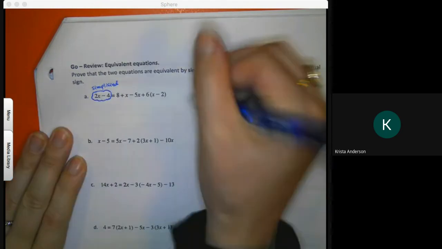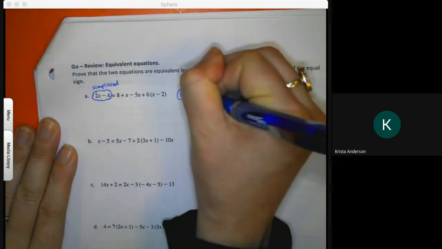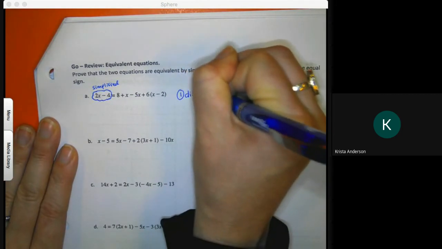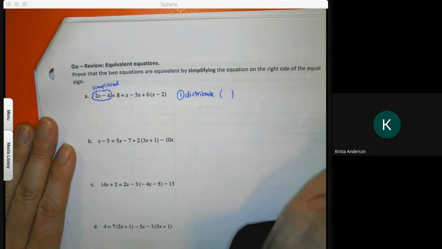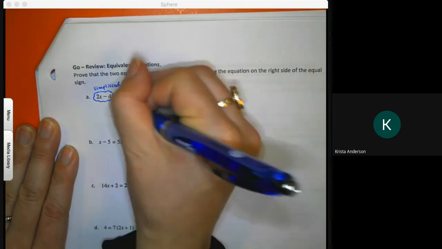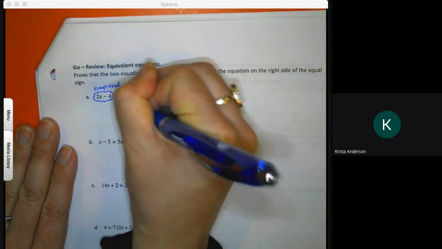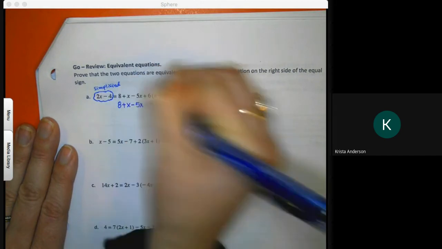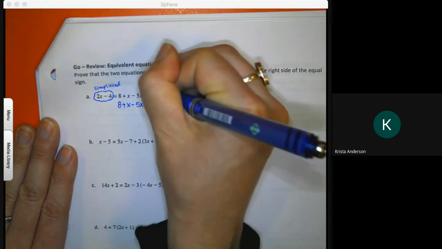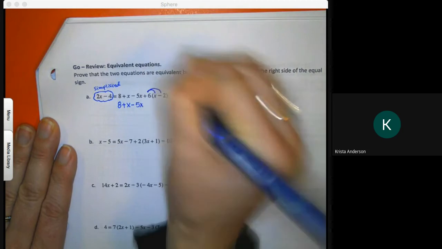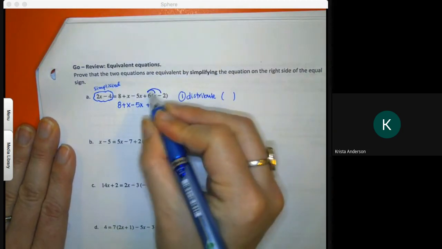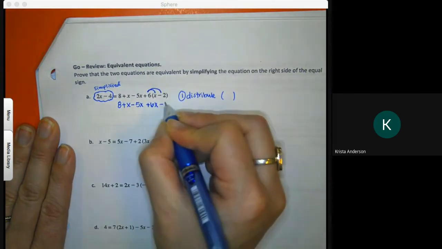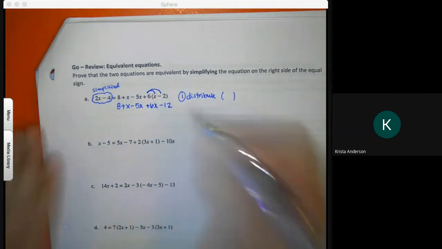First, I distribute wherever I see the parentheses. So I would have 8 plus x minus 5x. Then I would distribute the 6. That plus 6 will be a plus 6x. And the 6 times a negative 2 is a negative 12.